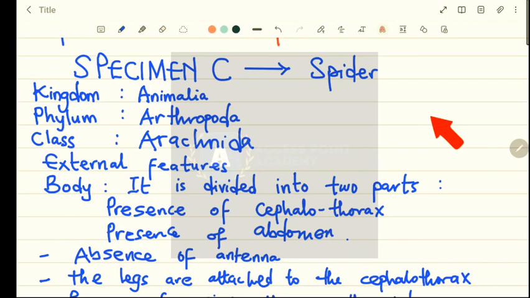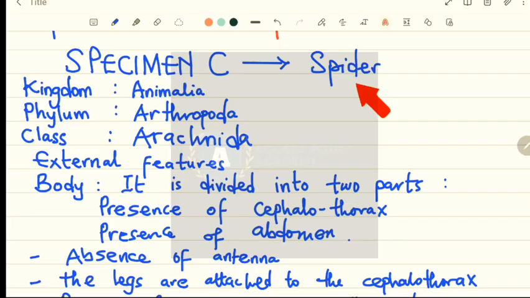So the next specimen is specimen C, which is a spider. You can see that in the diagram there. It belongs to the animal kingdom, Animalia, and is an arthropod, of the class Arachnida.